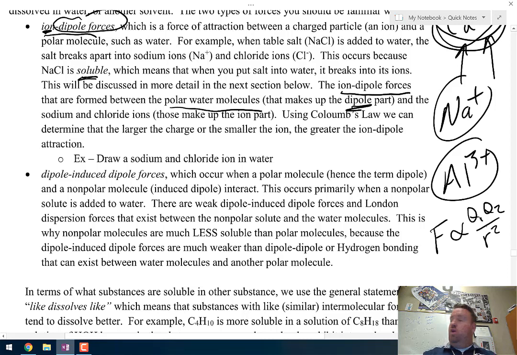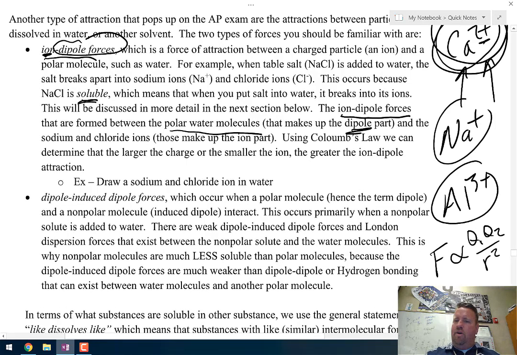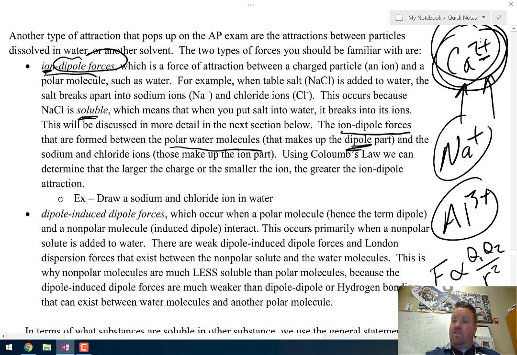If we look at calcium and sodium and aluminum, calcium's a little bit bigger, but it does have a +2 charge. Sodium and aluminum are smaller. Aluminum is the smallest of the three, which means the distance number is the smallest, and aluminum has the greatest charge. So of those three, which one would have the greatest attraction to water? Or another way we could say it, which one would create the strongest ion-dipole forces? It would be aluminum.